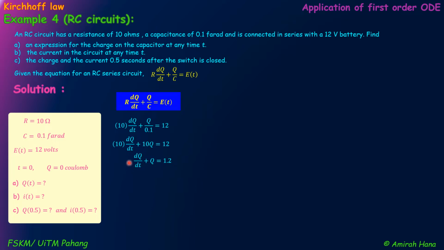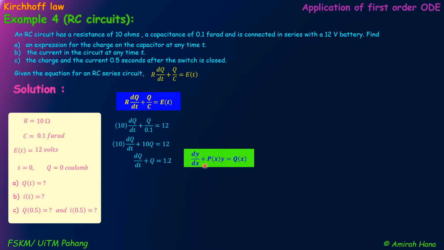After we make the coefficient of dq over dt equal to positive 1, we can compare with the original differential equation, which is given by dy over dx plus P(x)y equals Q(x). When we compare, variable y is similar to variable q, which is charge, and variable x is similar to variable t, which is time.